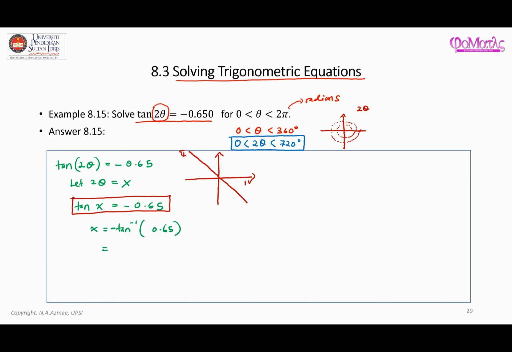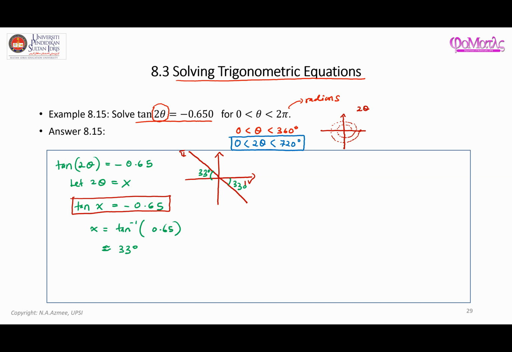I'm just going to eliminate the negative value, because like I said just now, the negative is just an indicator of which quadrant your angle is going to be in. So I can just take the positive value, and this inverse tangent of 0.65 is about 33 degrees. So this here is 33 degrees and over here is also 33 degrees. You can think of these two as the reference angles.